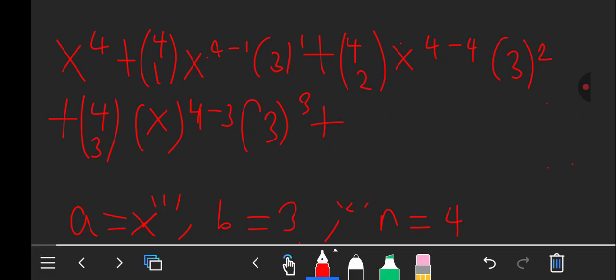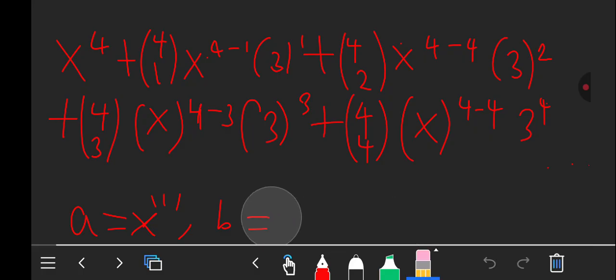Then plus 4 combination 4. Remember I said until you reach the point whereby you have n combination n, like at this point where we have 4 combination 4, then x to the power 4 minus 4, then 3 to the power 4. That is where you terminate the binomial expansion. So it ends at the point where you have b to the power n.